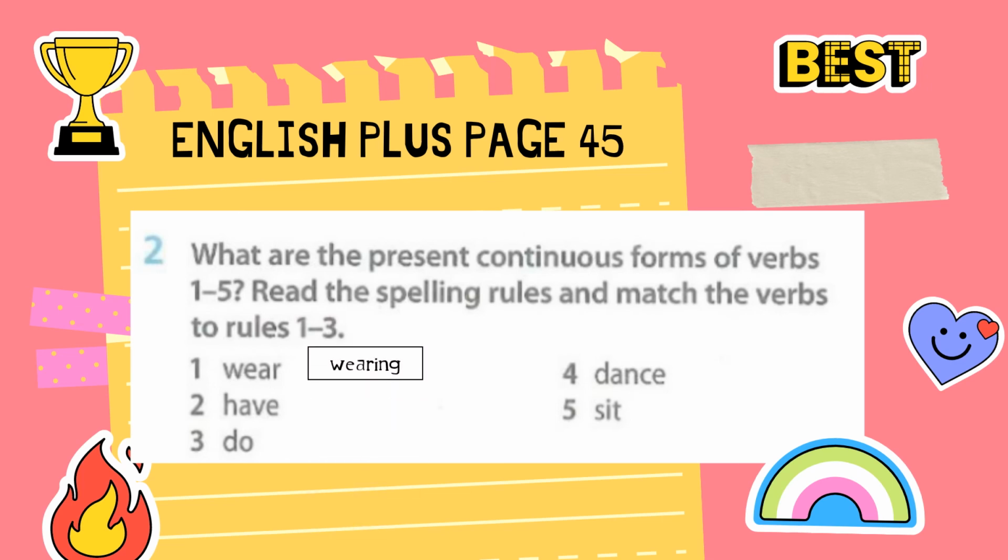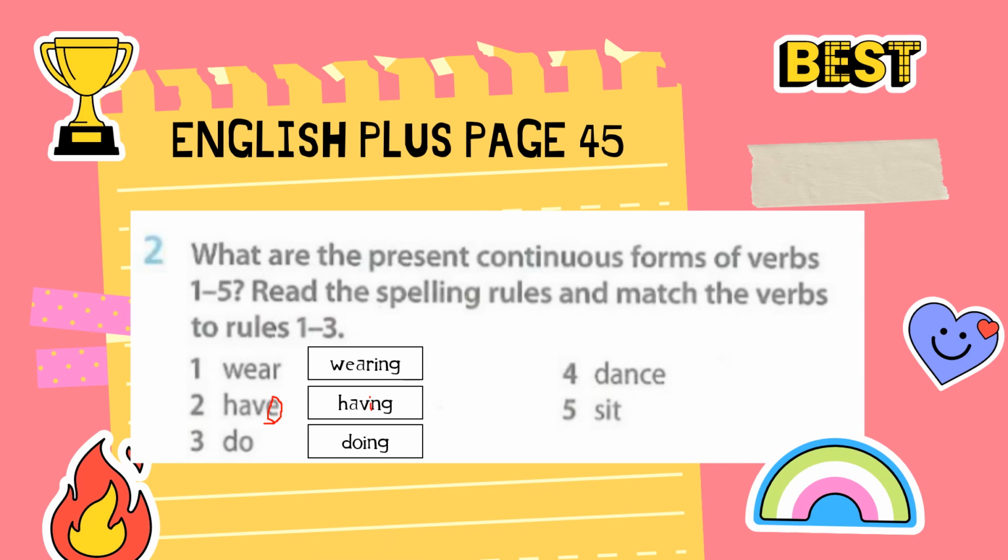What about 2, have. For have, because we have E here, we have to remove the letter E and add ing. It will become having. Sorry, spelling error over here. I forgot to put the letter I. Okay. Do. Just add ing. It will become doing.